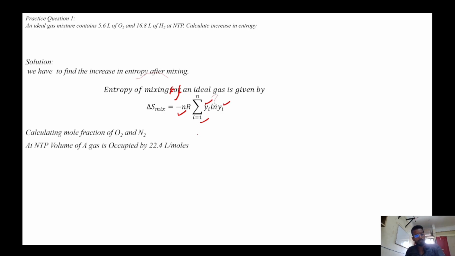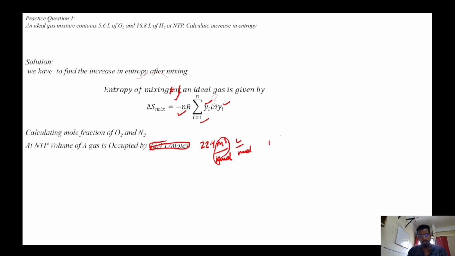So at NTP, this is the volume of gas occupied: 22.4 liter per mole. If you want to convert it to meter cube per mole, then it is meter cube per kilomole. This meter cube per K will become liter per mole, right?